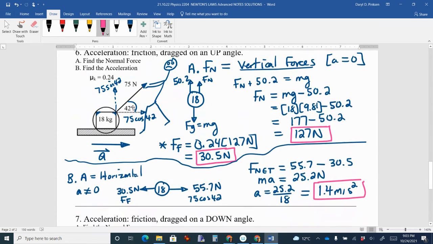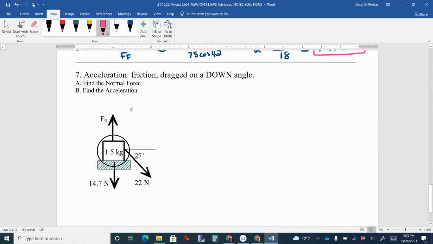Number 7 is the same kind of question. The only difference is this time, for whatever reason, it's being dragged down. So maybe this is on a flat surface and somebody is down here.